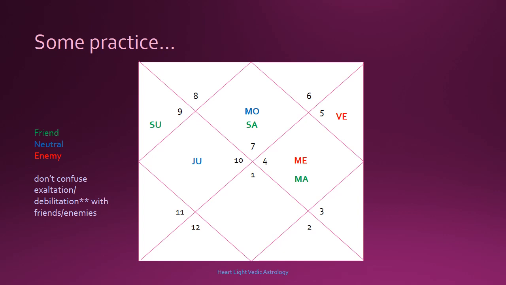Saturn is exalted in Libra. So not only is Saturn in a friend sign, but it's in its exaltation sign. So actually there are 2 levels of strength given to Saturn in this particular chart. But if we're just talking about friends and enemies, Saturn is still stronger because Saturn is in a friend sign, because Venus owns Libra and Venus is a friend to Saturn.